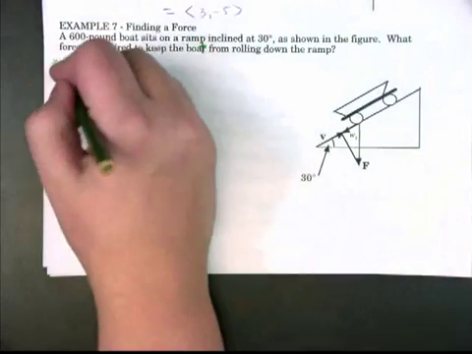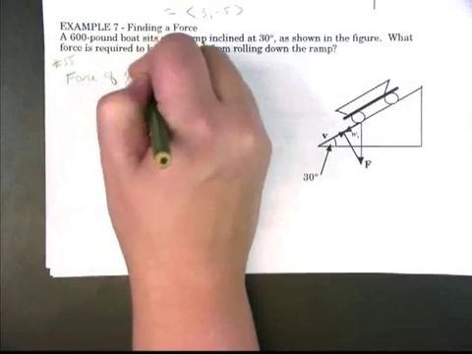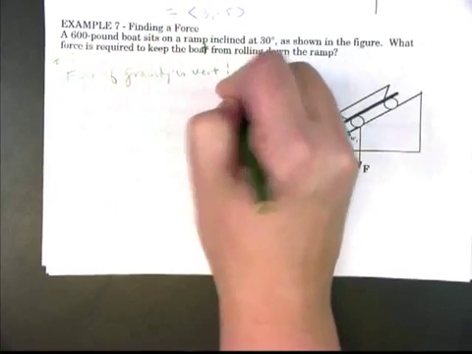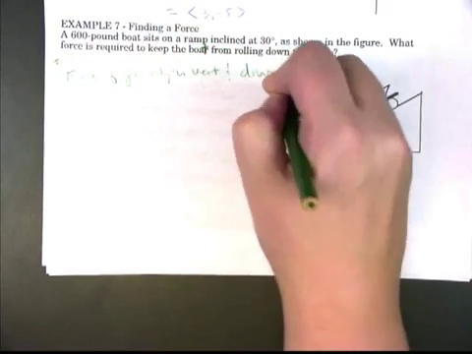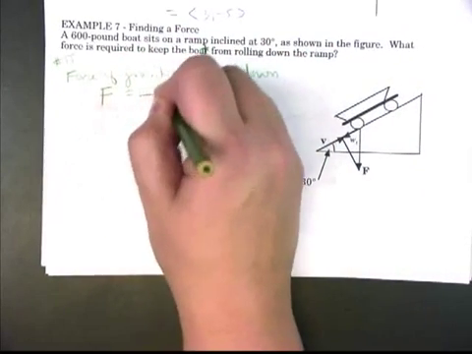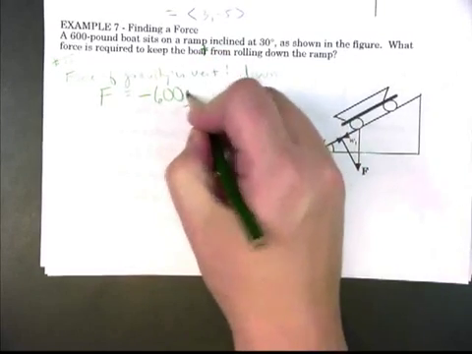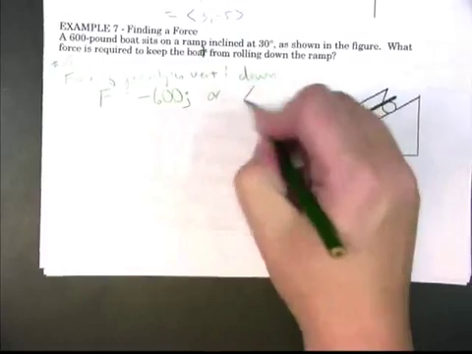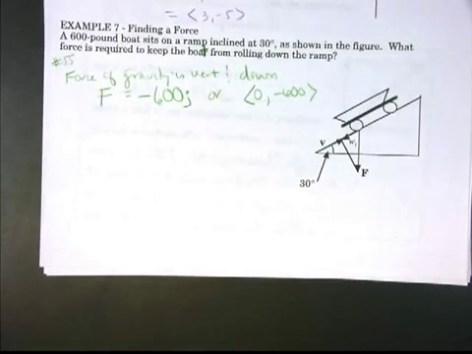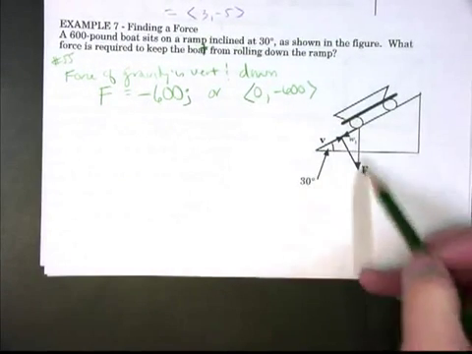All right, so first of all, because the force of gravity is vertical and down, the force is negative 600 j, which is 0, negative 600 if we want to put it in vector format. Just starting from the beginning, force downward is 600.